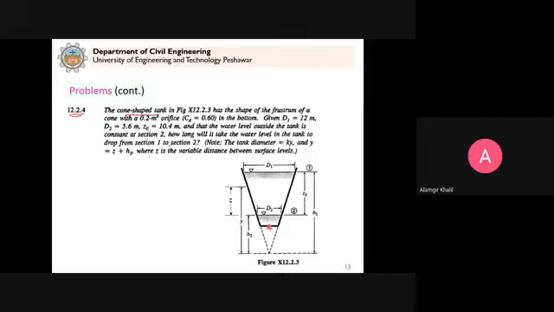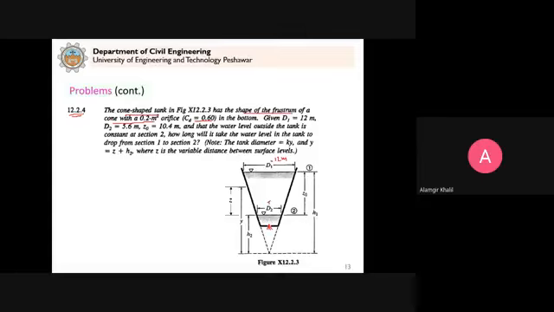So now the question is that we have this cone-shaped tank in the form of frustum of a cone. This is the area of the orifice here at the bottom, and the discharge coefficient is given 0.60, and the diameter d1 is 12 meter. This is 12 meter. This is 12 meter.